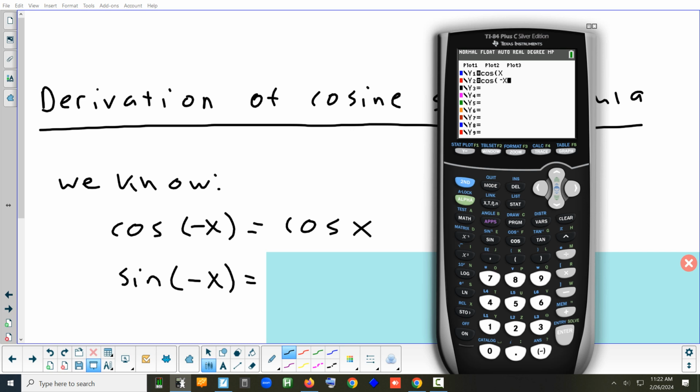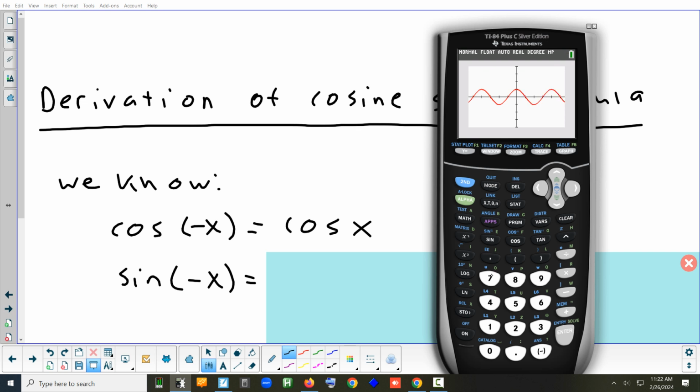So you check the y. Cosine is symmetrical over the y-axis. If you flip it over the y-axis, you don't see a difference between the two. That's why cosine x and cosine negative x are the same thing. Okay? They're exactly the same thing.